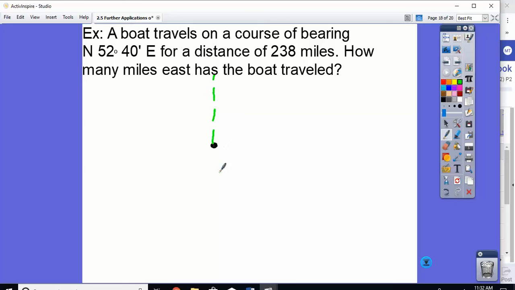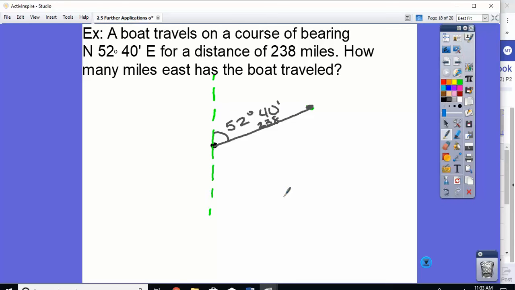North-south line. Okay. From there, we are going north 52 degrees 40 minutes east. Remember that angle is from the north-south line. For a distance of 238 miles, so I know this side length.